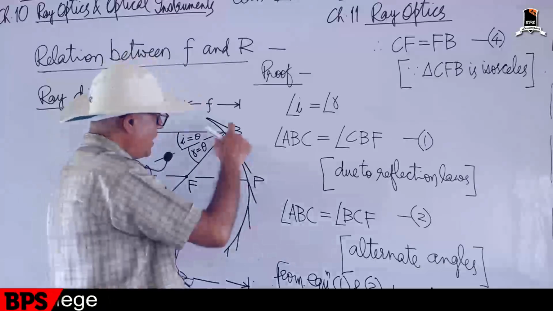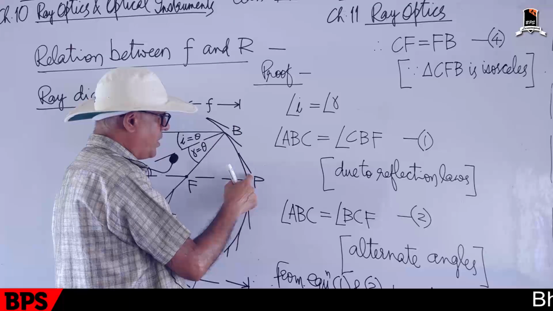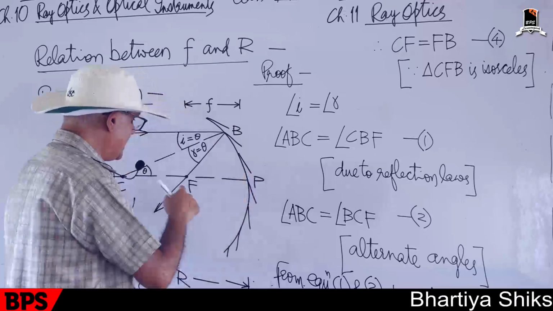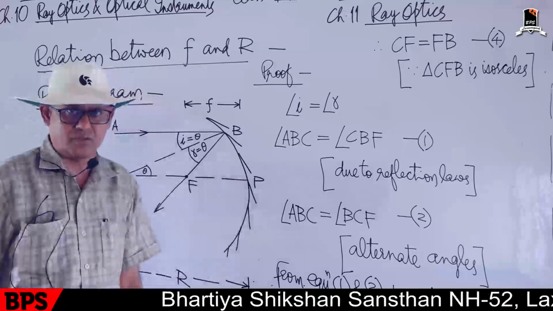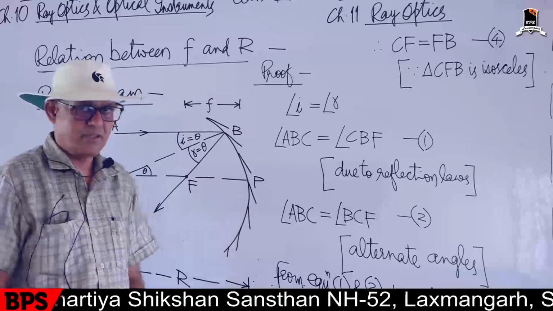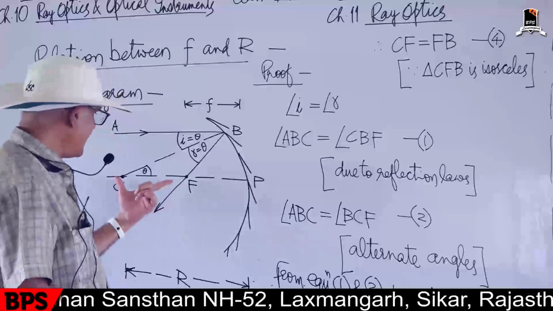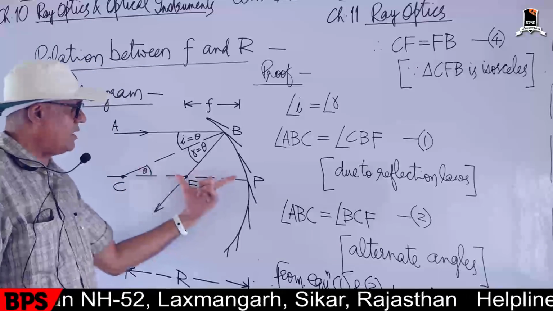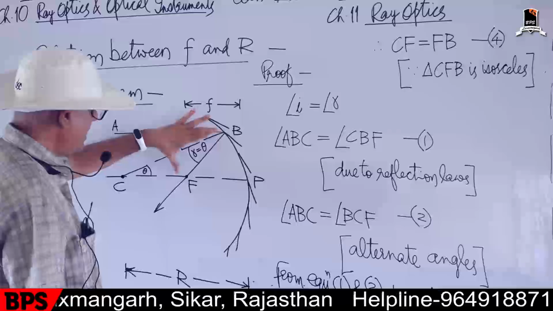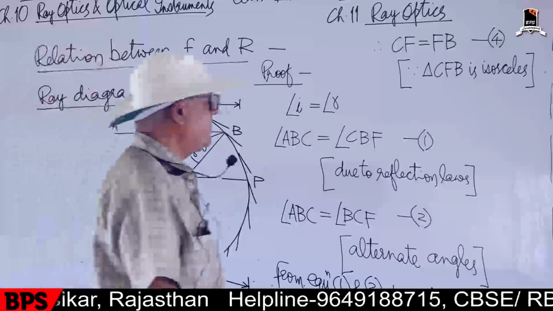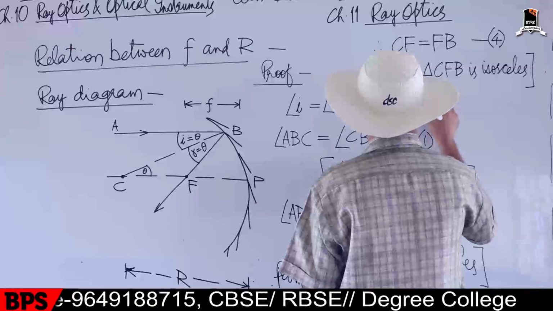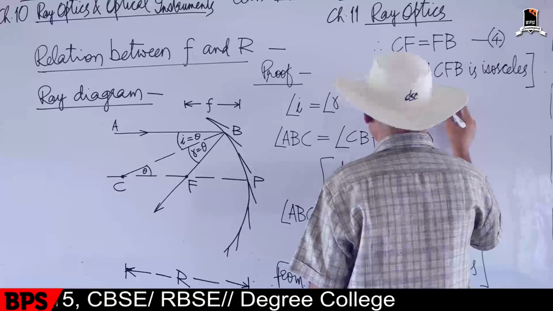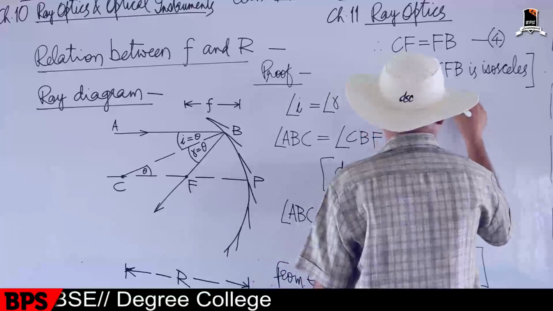If B is near P, then the FB distance is the FP distance. So CF is equal to FP because FB is FP.